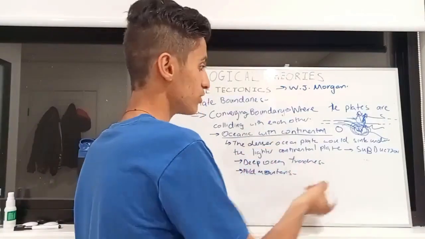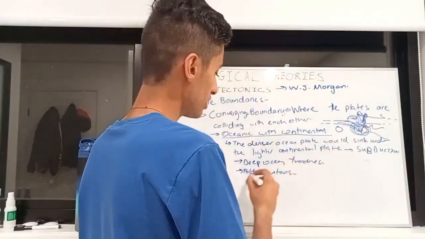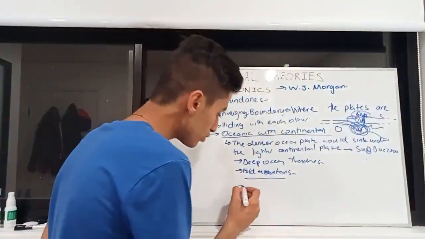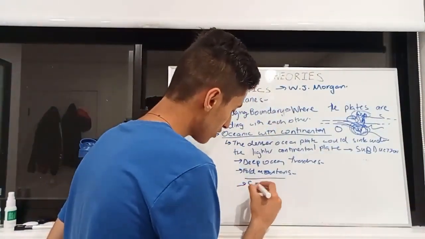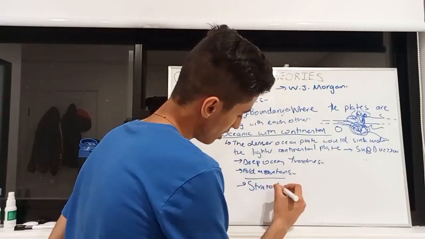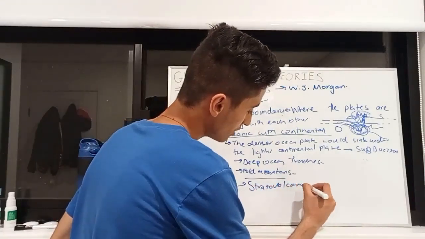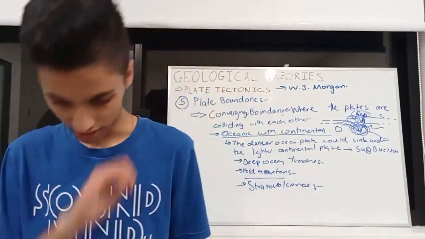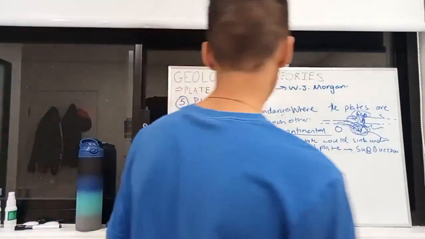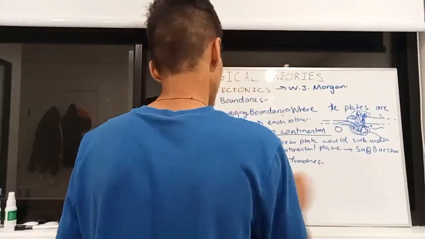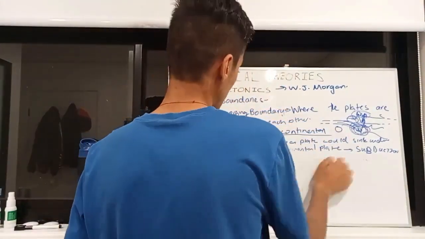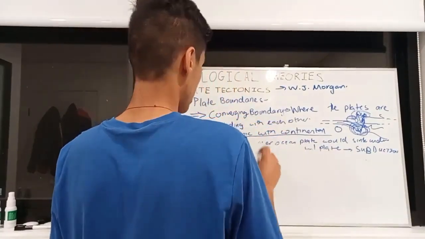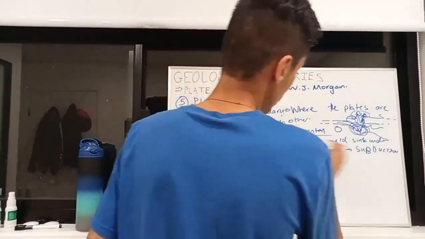So you'd have deep ocean trenches, as you can see over here, fold mountains because the rocks are layering on top of each other, and then stratovolcanoes. These are the big boys, the volcanoes we see everywhere, the ones we see in cartoons. So that's what would happen if oceanic crust collided with continental crust.